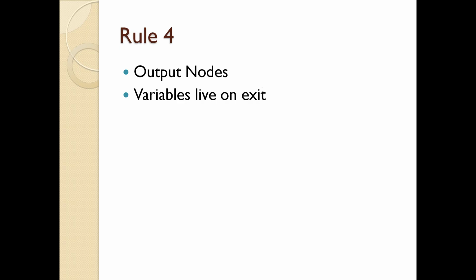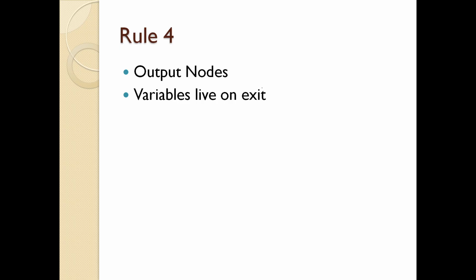And next, what do we mean by output nodes and what are the variables live on exit? Okay, so some variables are needed after leaving the basic block. That means suppose I have three basic blocks, B1, B2, B3.